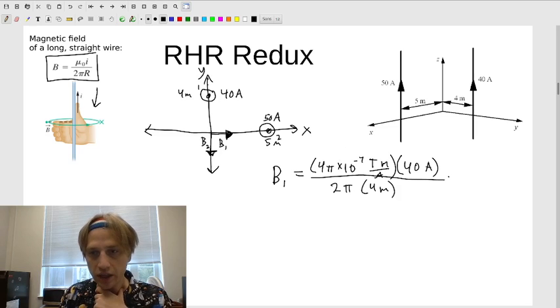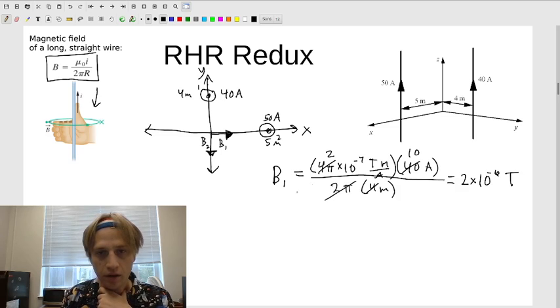So you can actually get a number out of this fairly easily. The 4 and the 40 can be simplified. 4 pi over 2 pi, this would just be 2. So this would be just 20 times 10 to the minus 7th, or 2 times 10 to the minus 6 Tesla. Okay, and you can easily go ahead and find out what B2 is as well.